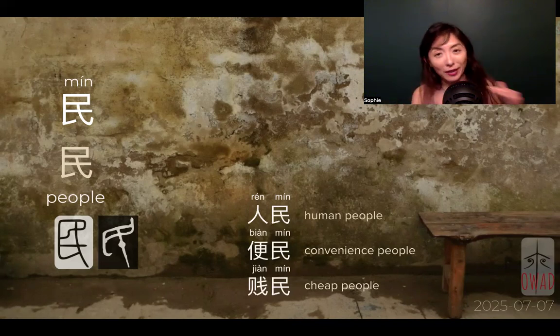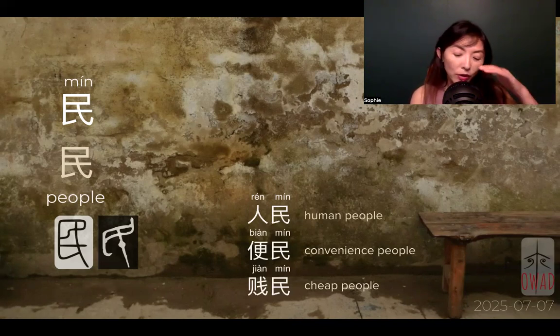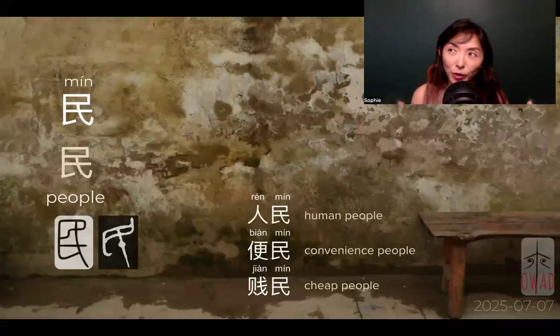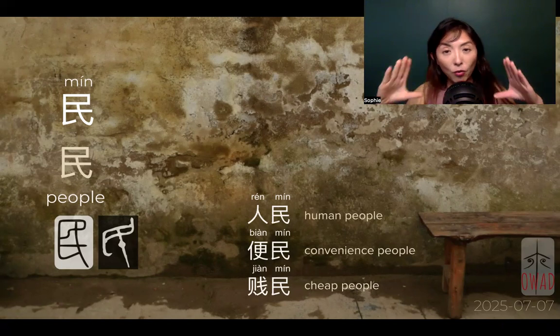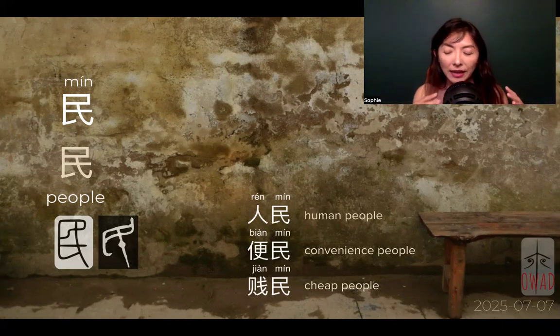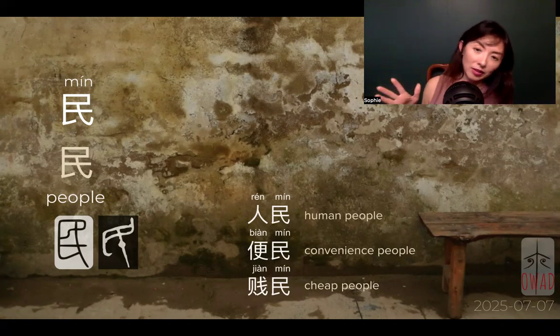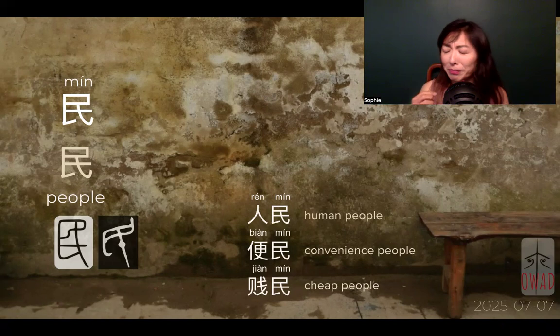And the 贱民, so here is again from the ruling class point of view. They would evaluate people in their whole ruling apparatus, right? Like who are more valuable to them versus, I guess, dispensable. So 贱民 are the majority of the people, but they regard them as cheap, as low class, as negligible or dispensable.